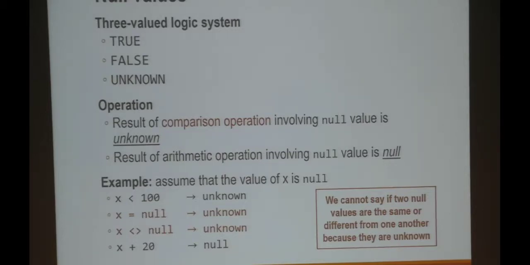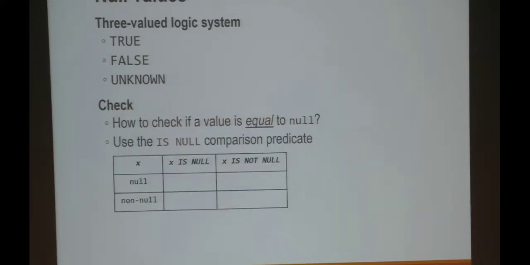Other operations that we can do with a null value is that we can check whether a certain variable is null. This is straightforward. You use the IS NULL comparison. If x is null, this is definitely going to give me true.